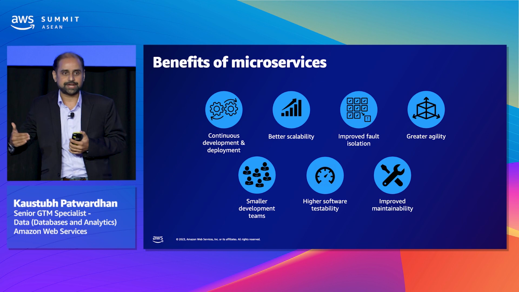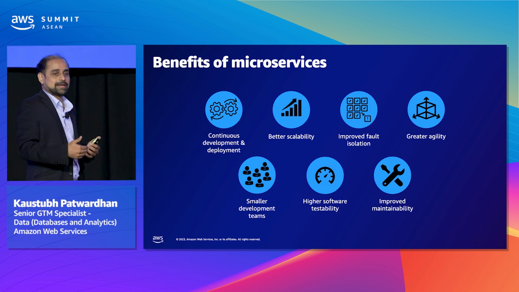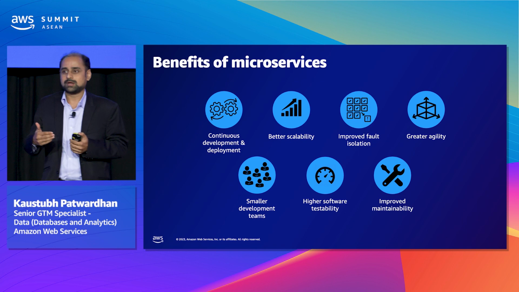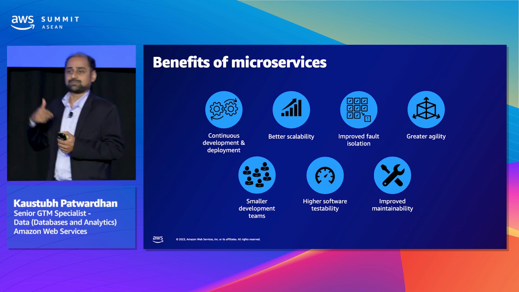Whenever the business needs change, you need to make sure that your applications are also changing with the pace. You need to make sure that time to market is faster.